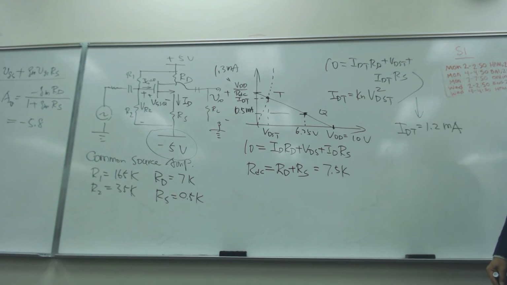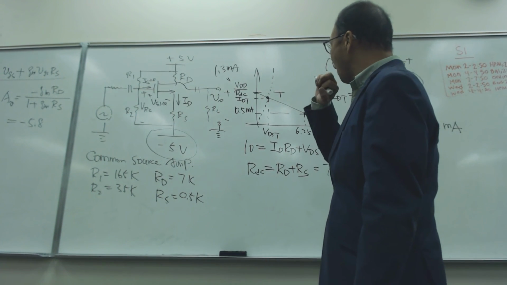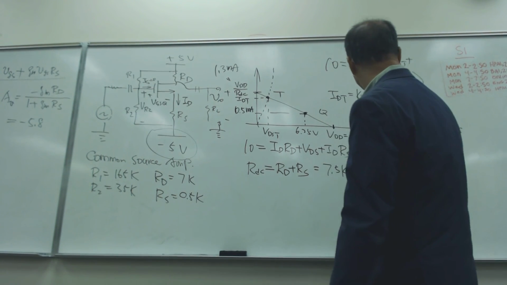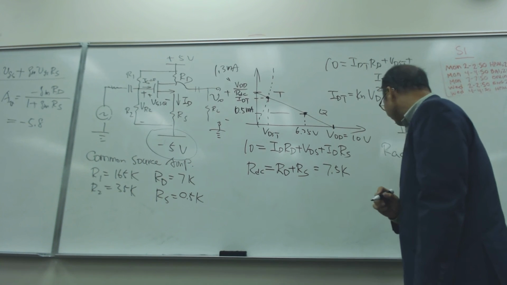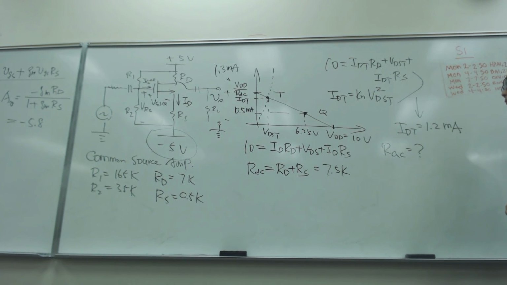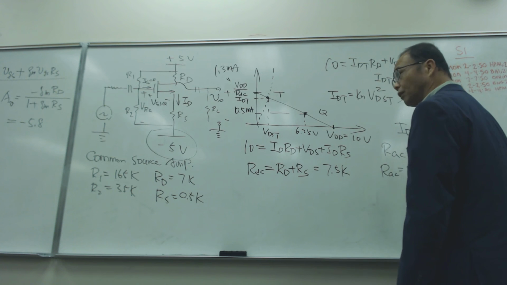Now, for the AC operation, there's an AC load line. So now if you look at the circuit, what is the AC load line? So the question is, what is RAC? Same, right? For this circuit, RAC is the same as RDC, yes? Correct?